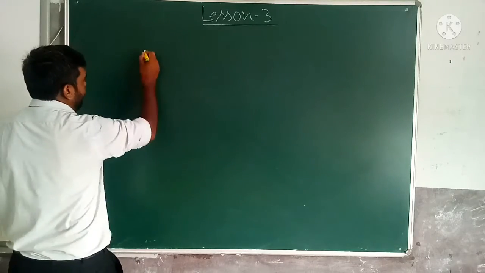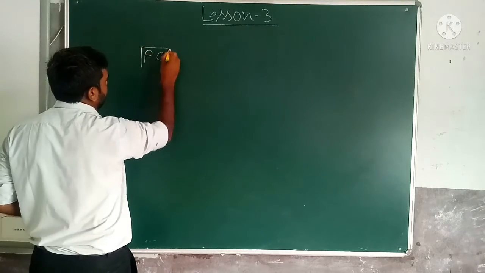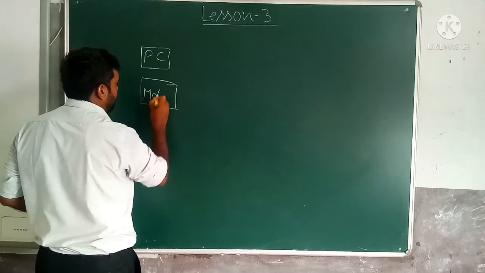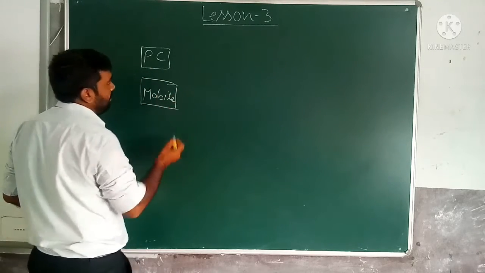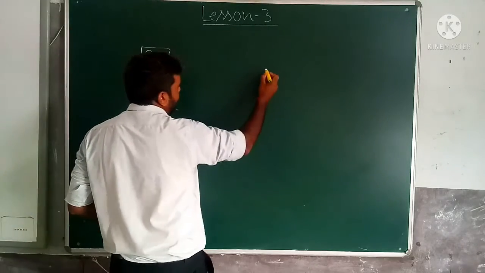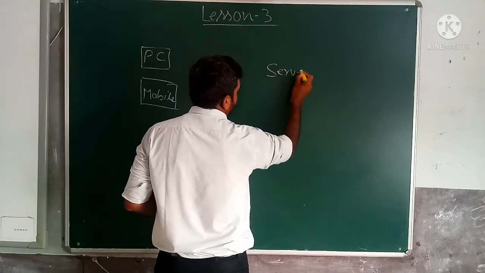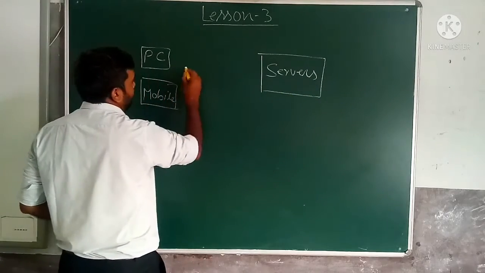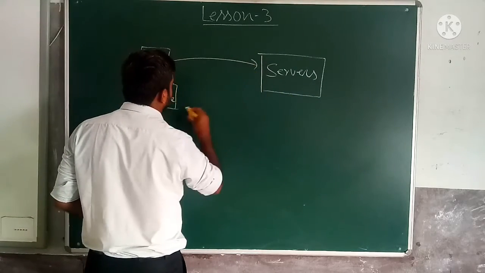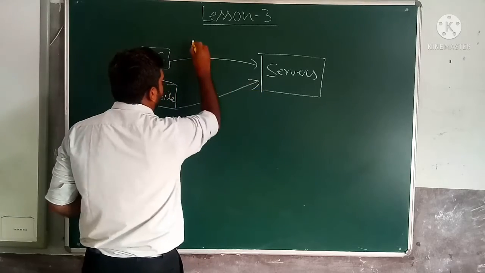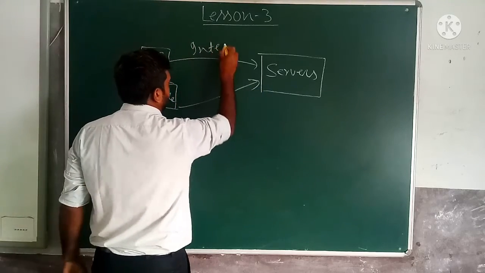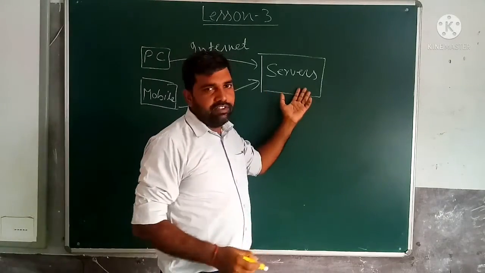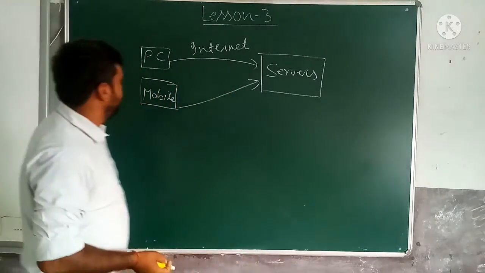And your PC, personal computer, and mobile are all connected to the servers with the help of the internet. And here a server is also connected to other servers with the help of the internet.